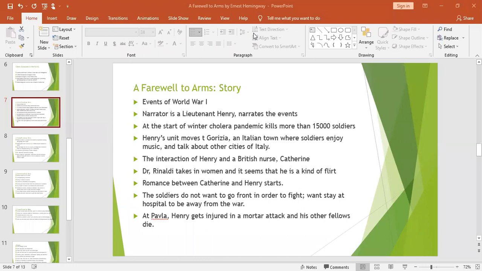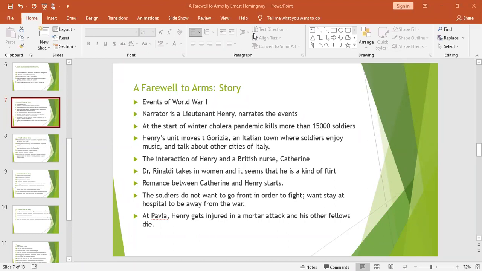At the start of winter, we come to know that a cholera pandemic kills more than 15,000 soldiers. Henry's unit moves to Gorizia, another town of Italy, where soldiers enjoy music and talk about the cities of Italy.